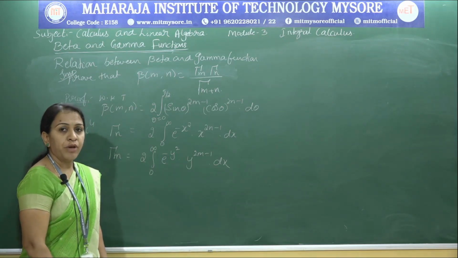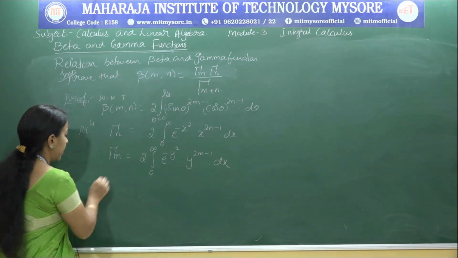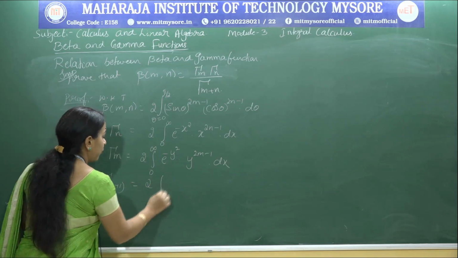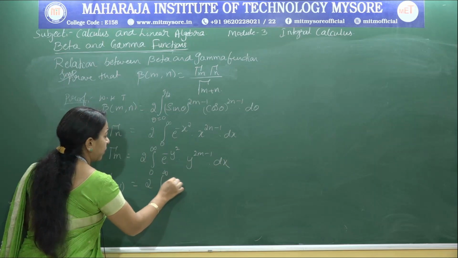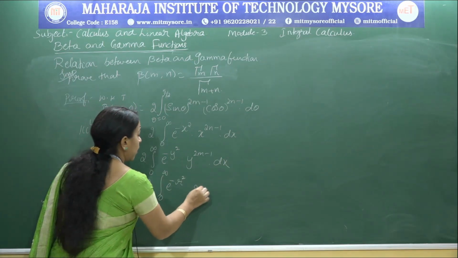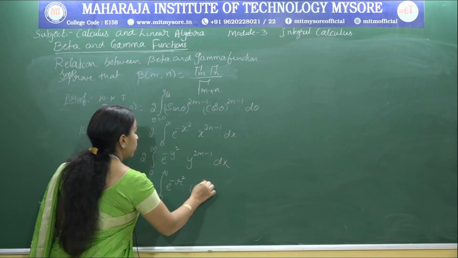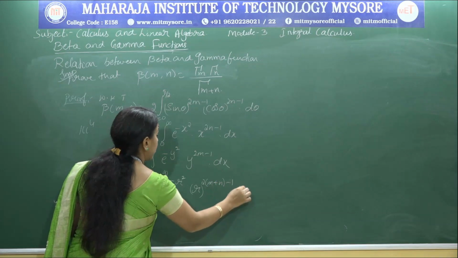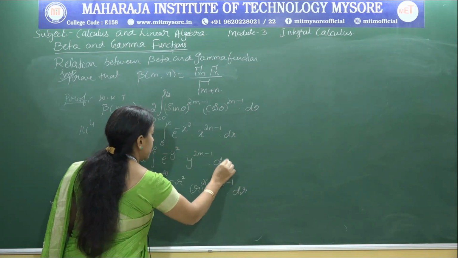And also I define gamma m plus n, that is gamma m plus n is 2 times the integral 0 to infinity e power minus r square, I consider it as r square, into r to the power of 2 times m plus n minus 1 into dr.